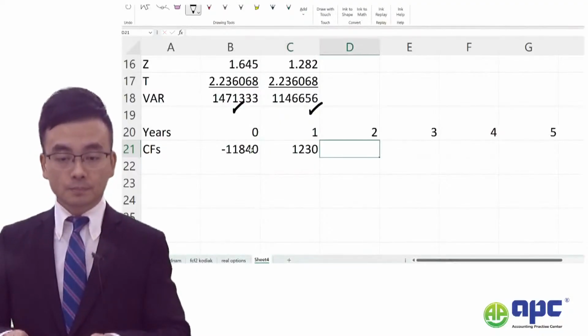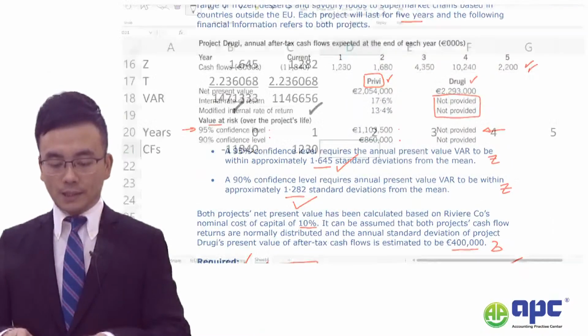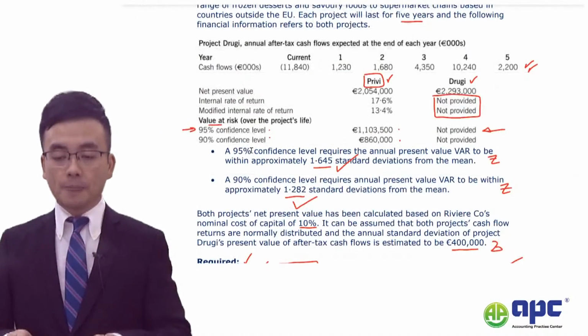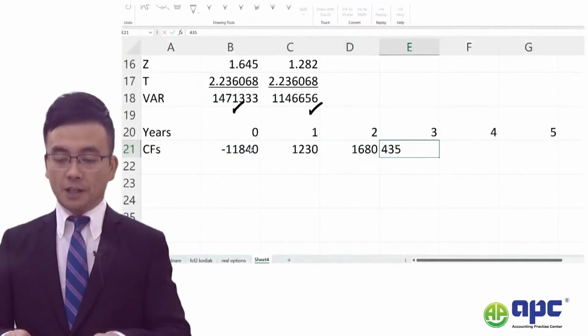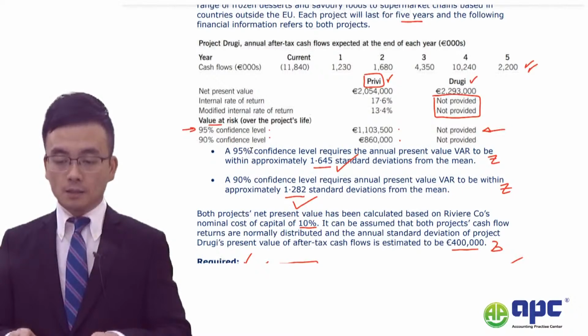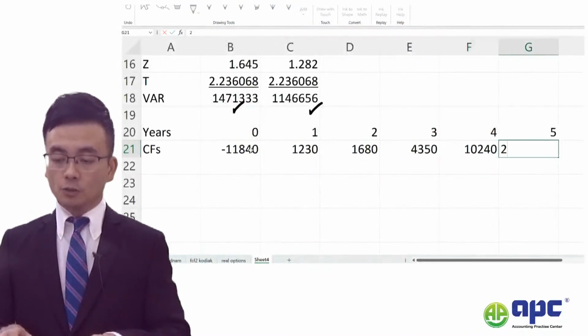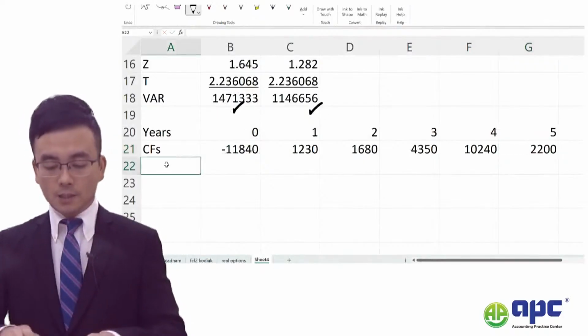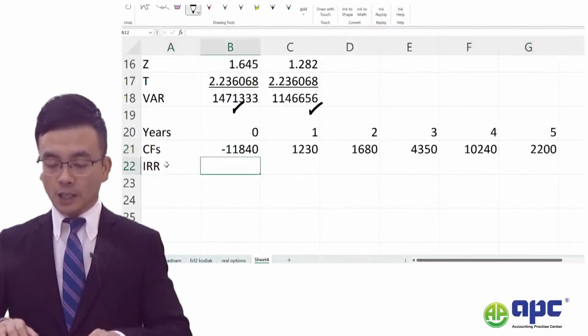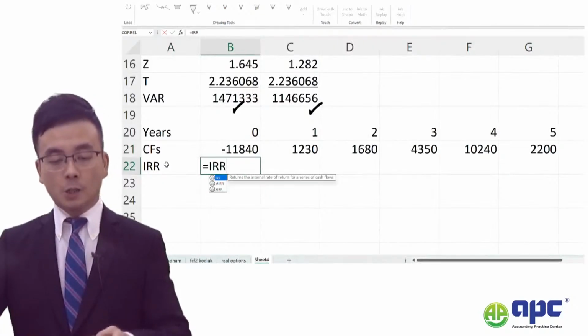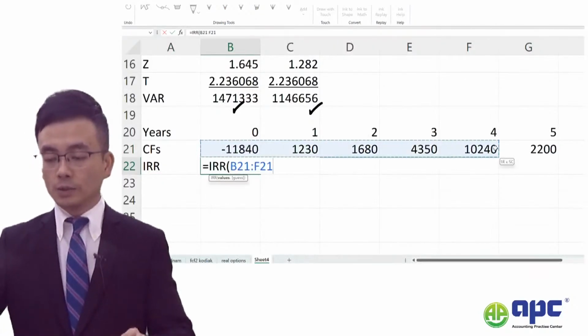Year 2, 1,680. Year 3, 4,350. Year 4, 10,240. Year 5, 2,200. In order to calculate the IRR, we type IRR, open a bracket, and select all these cash flows.